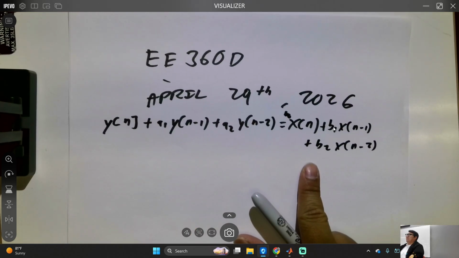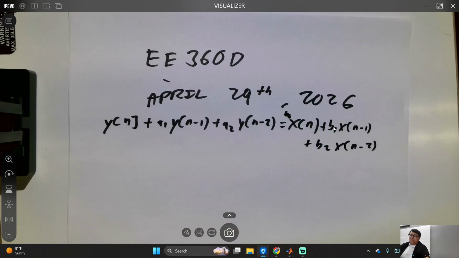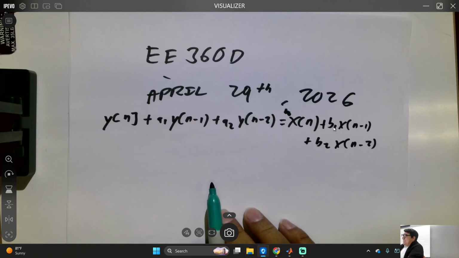Really nice equation, a difference equation. You guys are going to make me proud when he says draw the block diagrams.